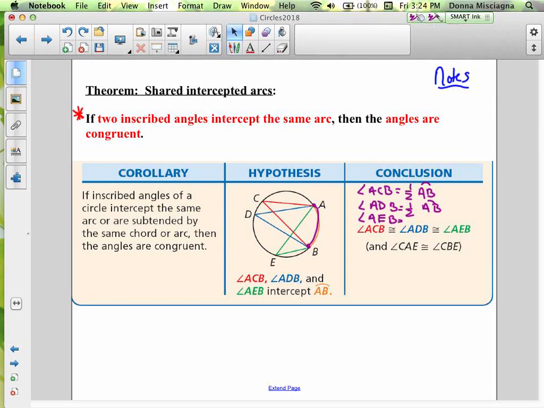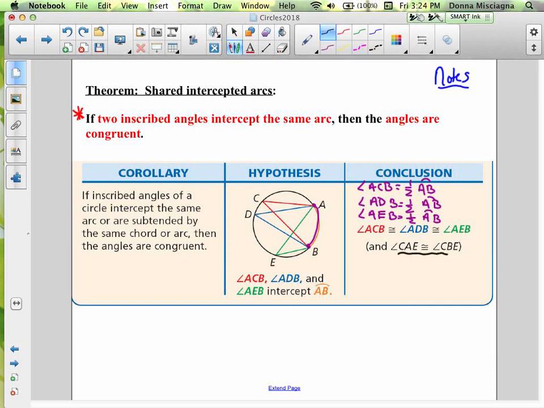Since they're all half of the exact same measure, they must all be equal to one another. Now notice it says here that angle CAE is congruent to angle CBE.